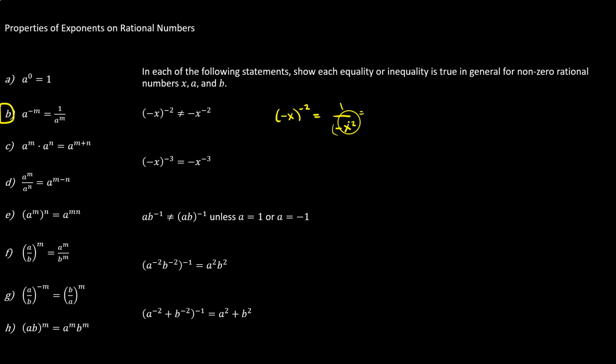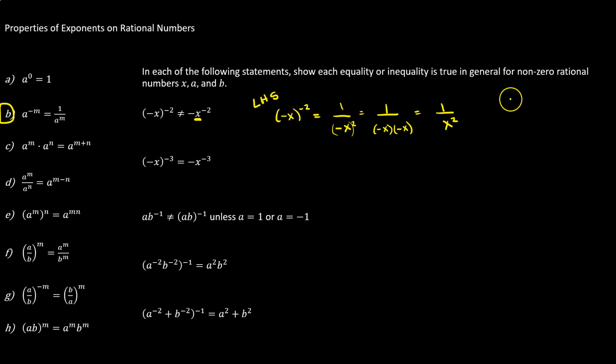And it's the entire negative x that's being squared, which means we could write this as 1 over negative x times negative x. When we multiply two negatives together, they make a positive, so this would become 1 over positive x squared. Now let's compare that to the right-hand side. So this is the left-hand side. The right-hand side will look similar, except notice that it's not the entire negative x that's being squared, it's just the x.